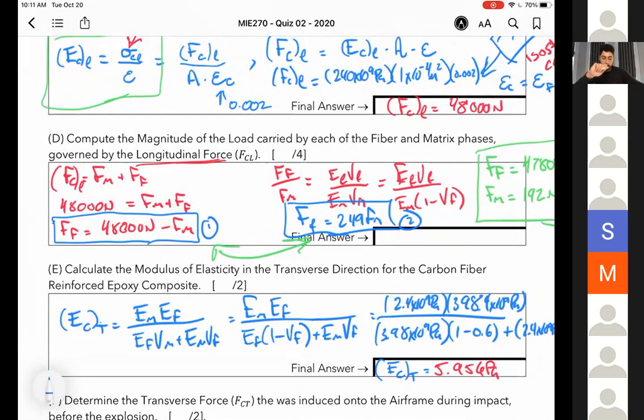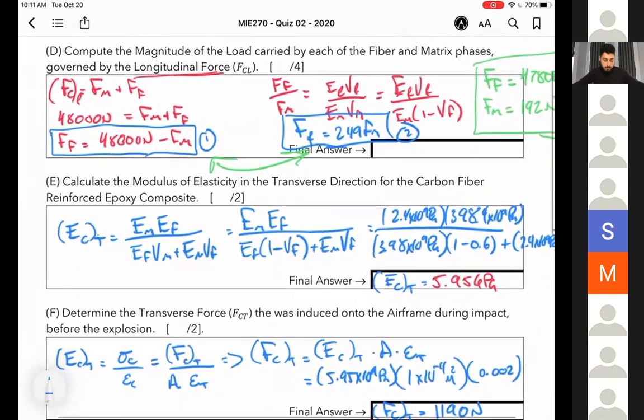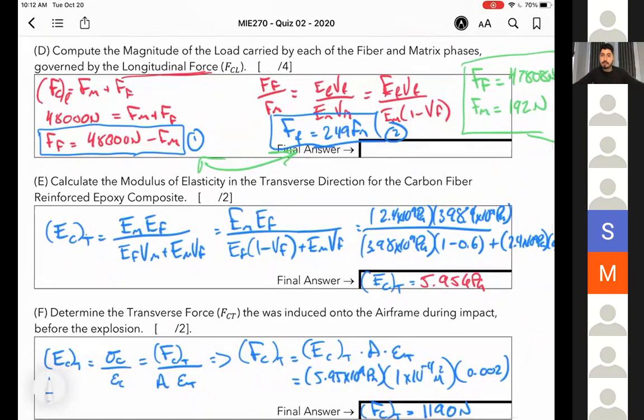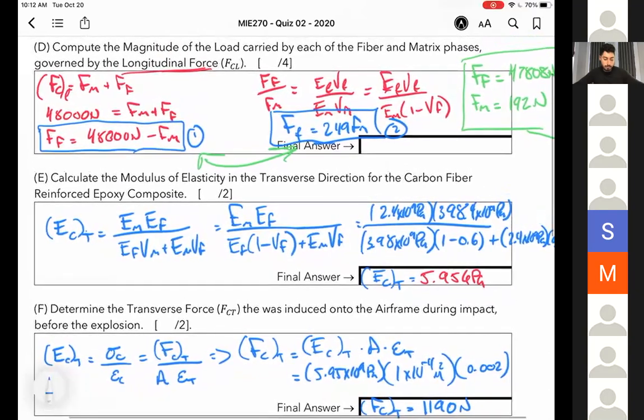And if we were given matrix and fiber, then we could have done that to find the transverse, right? Yes. And the forces will be different than in part D, because those are specific to the longitudinal direction. Absolutely correct. Okay.